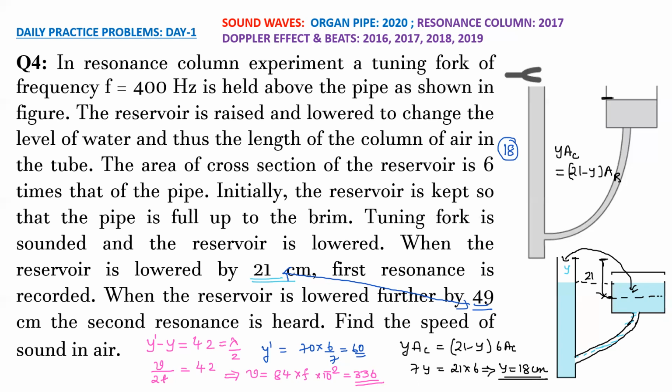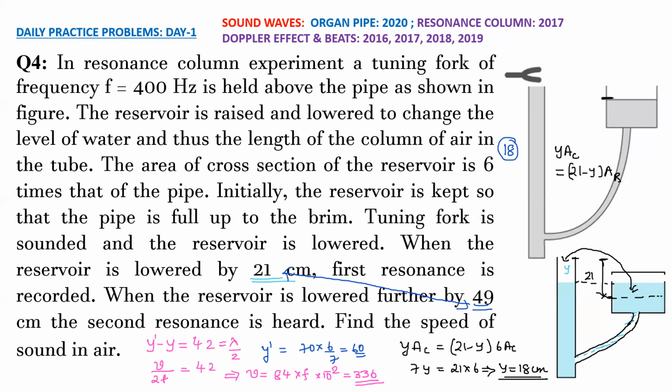But the free surface in both is not lowered by 21, but something less. It is lowered by only y. So you can say that the fluid which was in the y length of resonance column has been moved to 21 minus y length of the reservoir.